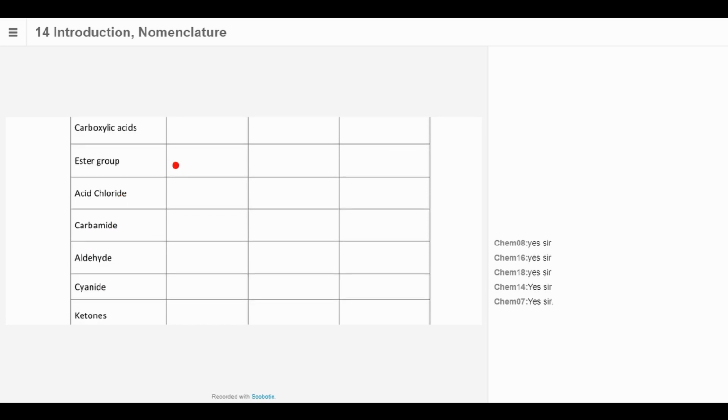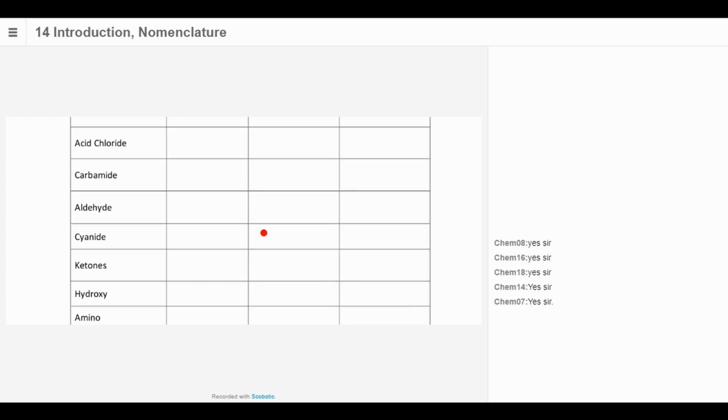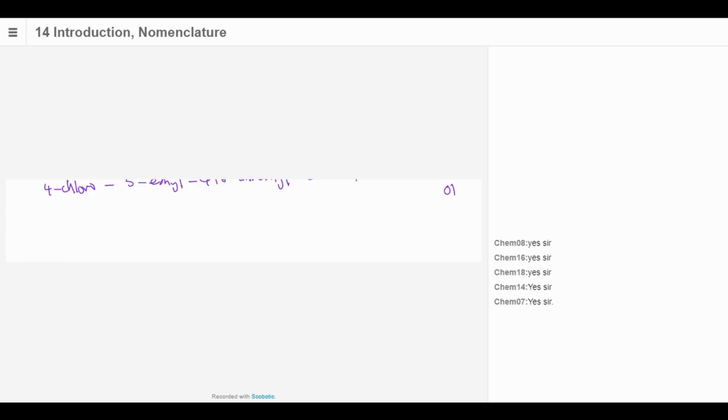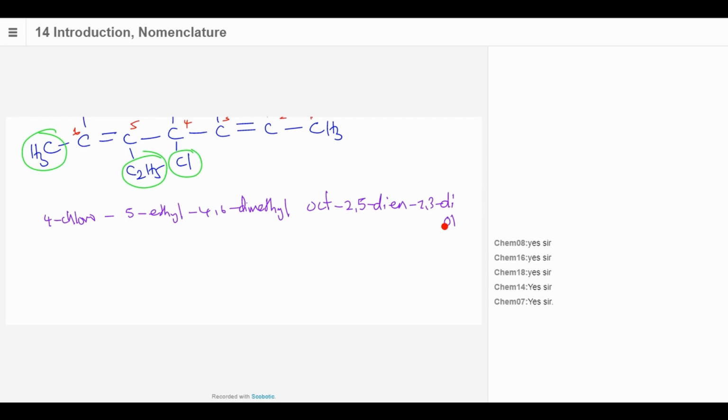So when there are two functional groups, the molecule is named as the higher priority functional group, and the IUPAC name is given for that. For the low priority functional group, we give the normal name. So we say hydroxy for that. We don't say ol. For example, if you have this molecule, a carboxylic group and an OH group, right?